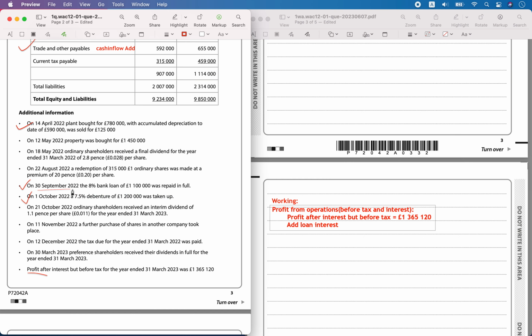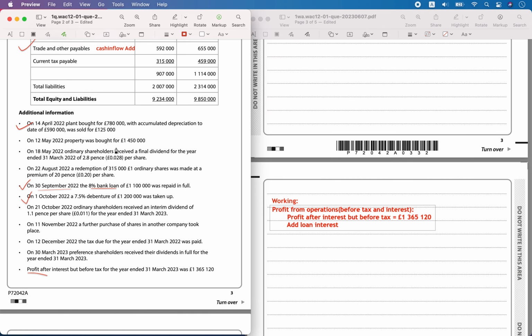So on 30th September 2022, an 8% bank loan of 1.1 million was repaid in full, and on 1st October 2022 a 7.5% debenture of 1.2 million was taken up.